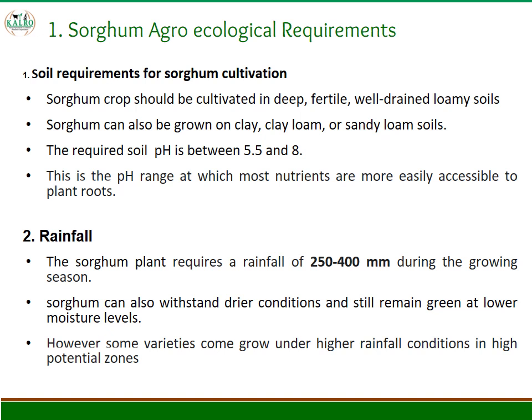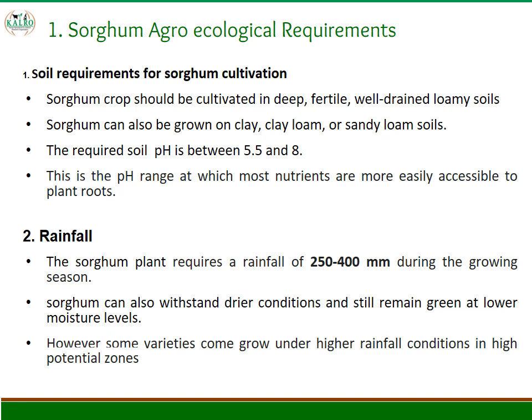Also, very alkaline soils are not good for sorghum production. This is the pH range at which most nutrients are more easily accessible to plant roots. So most plants or crops will grow well in this kind of soil pH.